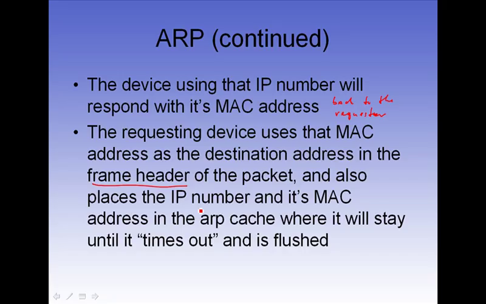But if the requesting computer needs to continue communicating with the destination computer for a period of time, since the mapping of the IP number to the MAC address is going to be stored in the ARP cache of the requesting machine, it will not have to issue another broadcast ARP.